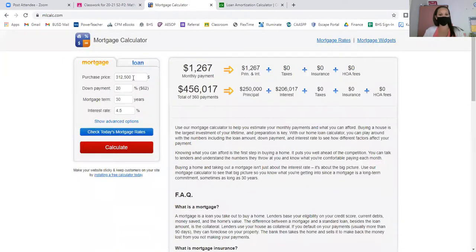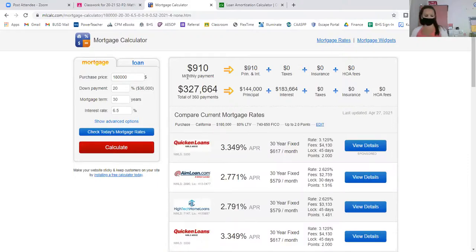So again, 180,000. We're putting 20% down, 30 years at 6.5%. Calculate. So the monthly payment, this is for A, what you want to write down. I'm going to leave it up there for you. So this is 8-2, number 28. The monthly payment is $910.